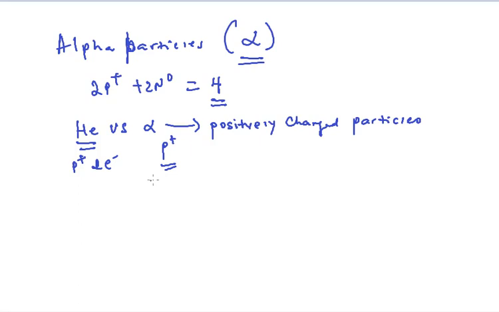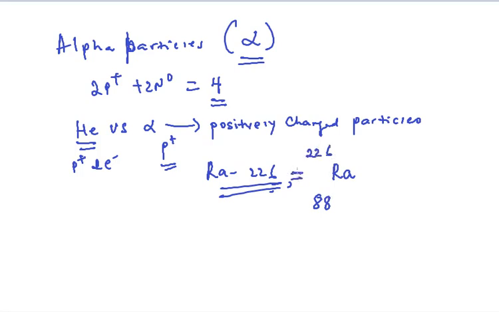Alpha is a positively charged particle and doesn't contain electrons. A typical source of alpha particles is radium-226. Isotopes of any element can be written with the name of the element, the atomic number on the bottom, and the mass number on the top.